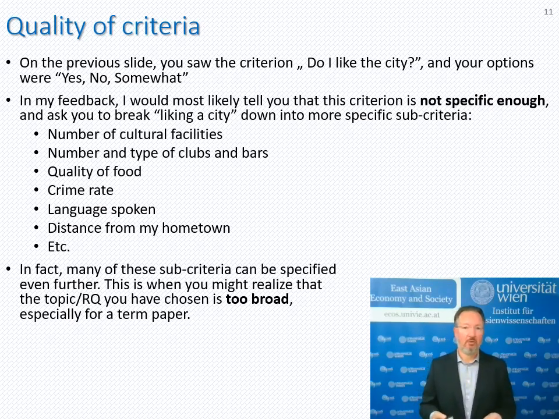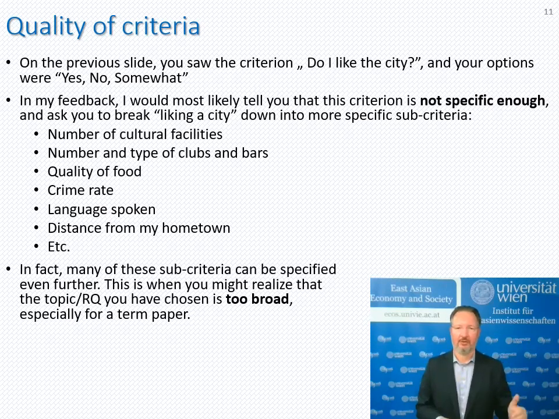The language spoken, right? If you're a German speaker, Vienna is fantastic because you can communicate, well, more or less, in your native language. If you're from Spain or from the US or from Korea or from China, you might have difficulties communicating in English on an everyday basis. And that also adds to the attractiveness or non-attractiveness of a particular place.